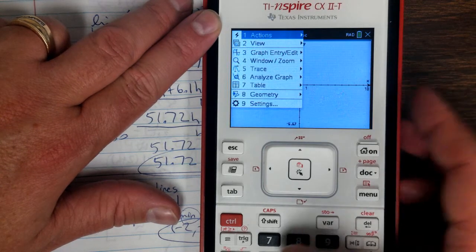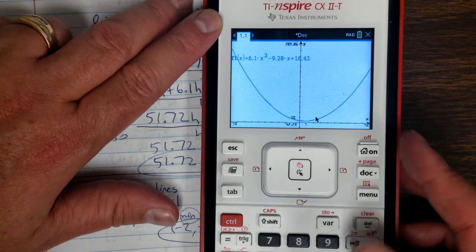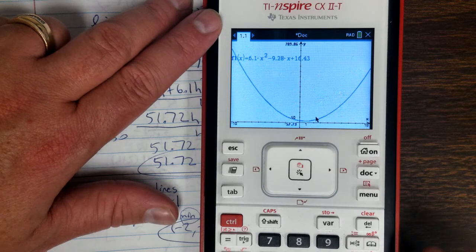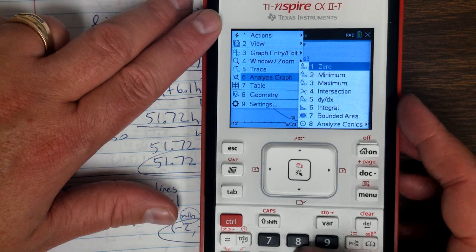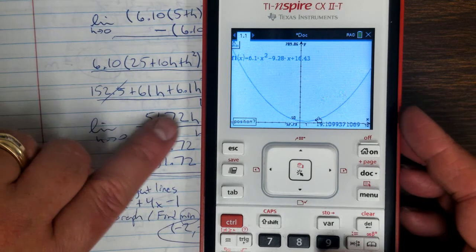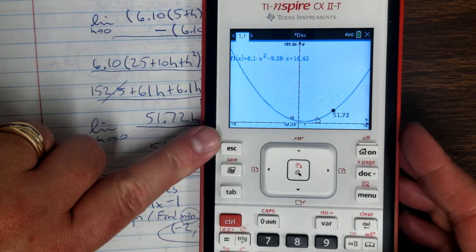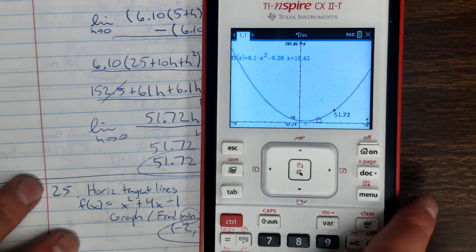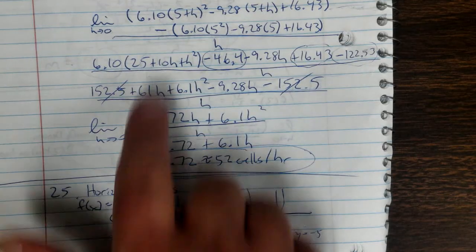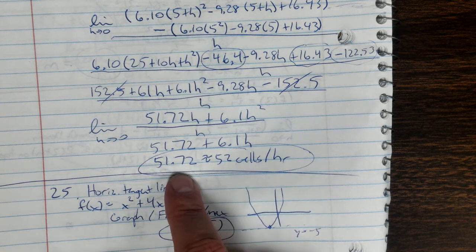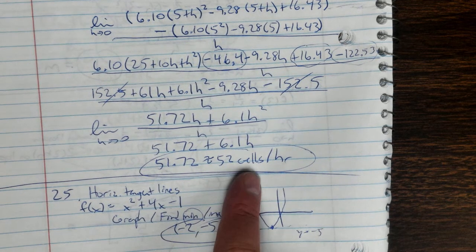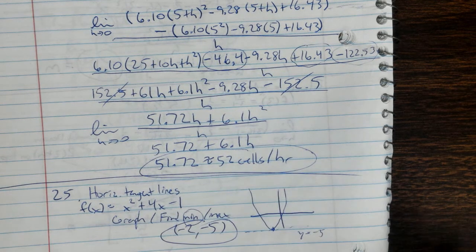I'm going to do menu 4A to do a zoom fit. And then I'm going to do menu, analyze, dy dx, and my position is 5. And so I get 51.72. That's just so much simpler than working it all out. But you get 51.72, so 52 cells per hour is your answer.